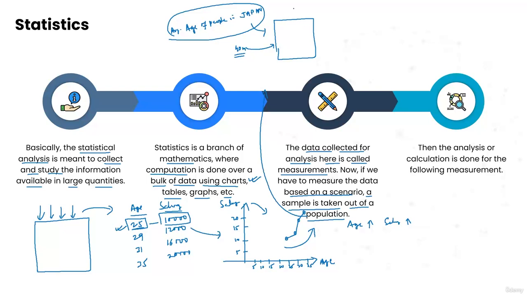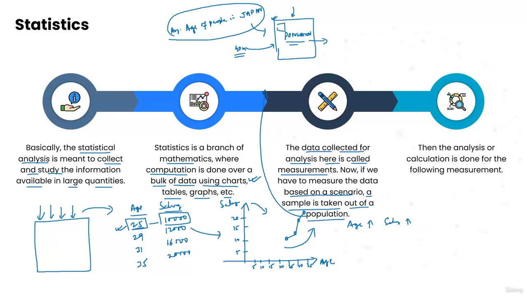Now, I'm not going to ask each one of them. This entire thing is called the population, the entire 40 million. And taking feedbacks, taking outputs, taking statistics from a population is completely a different scenario, and it is not feasible. Usually what we do is we do some sampling out of it.